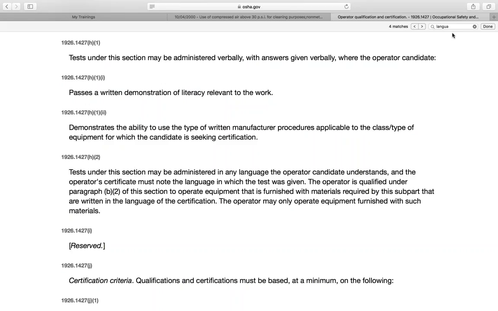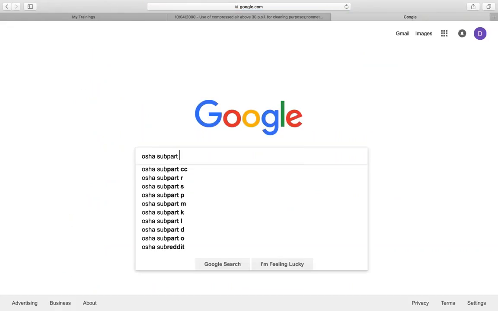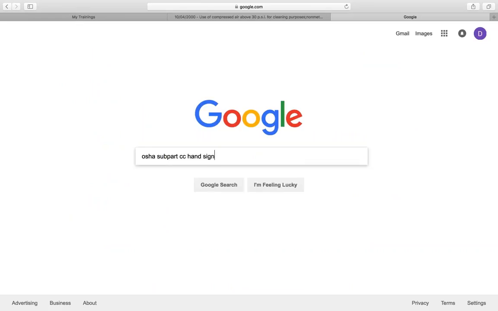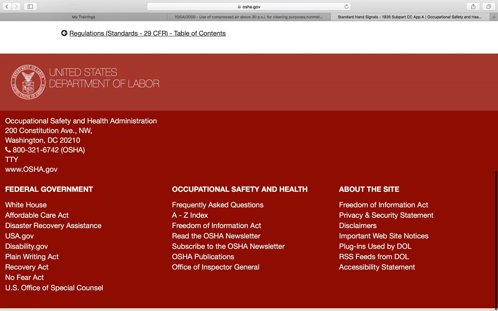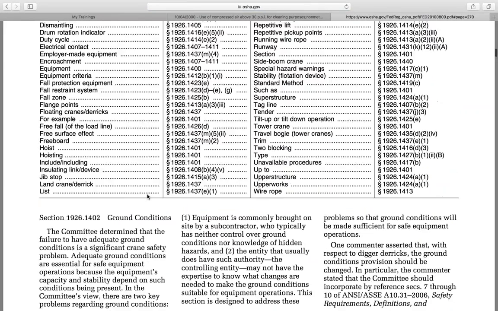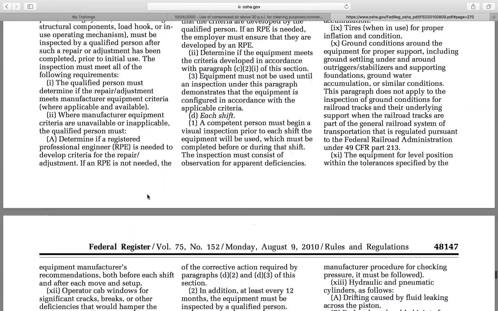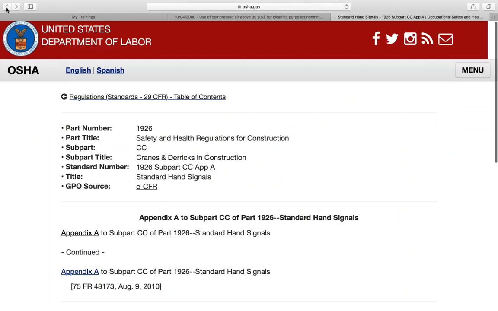So there are your hand signals. Also, let me show you really quickly, OSHA subpart CC. Anybody who has the 1926 construction book, OSHA will have all the subparts in the CFR.